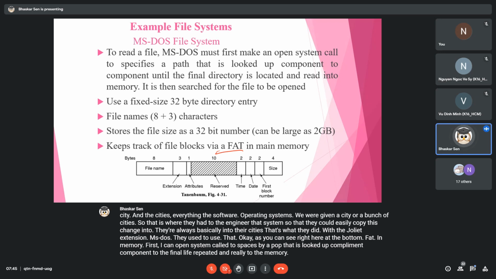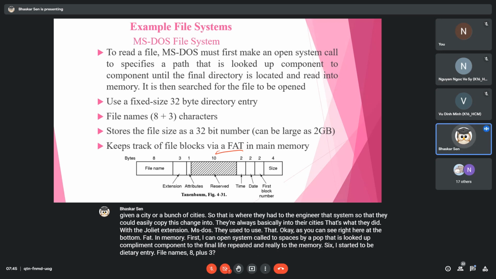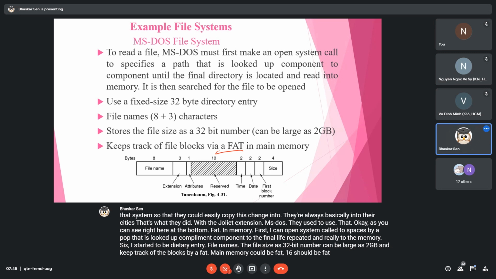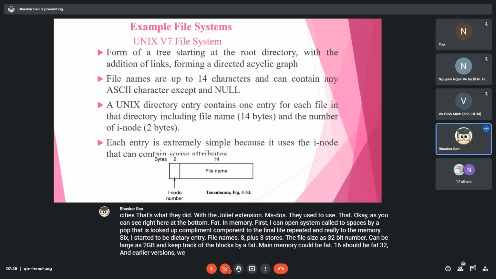Fixed size 32-bit directory entry. File names are 8+3, it stores the file size as a 32-bit number, can be as large as 2 GB, and keeps track of the blocks via a FAT in main memory. Could be FAT16, could be FAT32. In earlier versions, we had FAT12 and then FAT16.